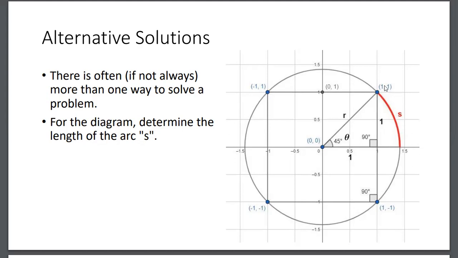There's a circle centered at the origin. Inscribed inside the circle is a square. And looking at the coordinates of the vertices of the square, we can see that this square has a side length of 2. There's 1 here, 1 there, adds to 2.